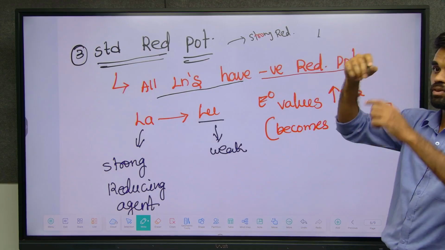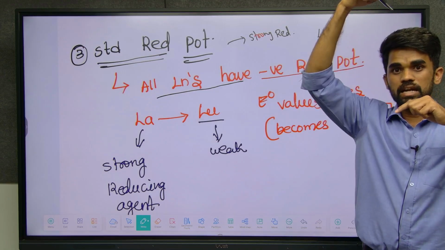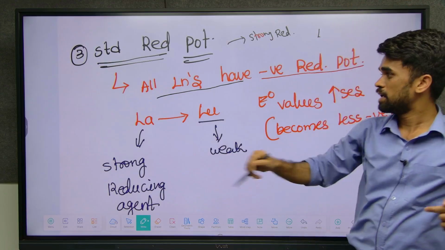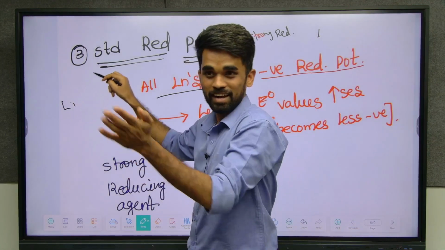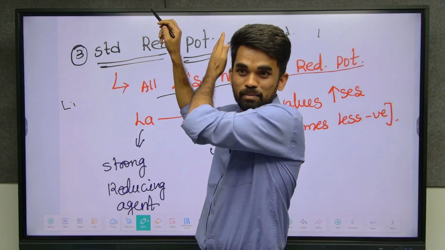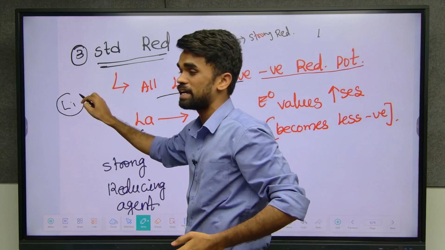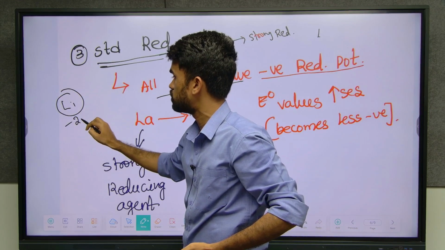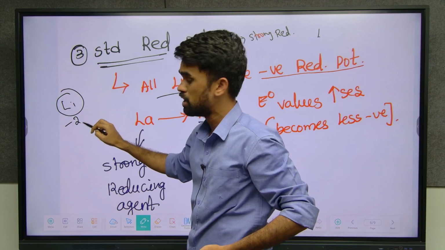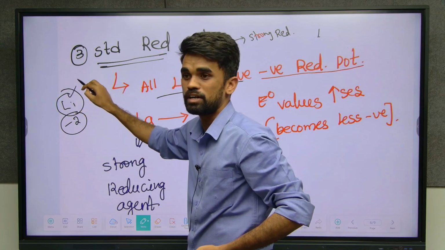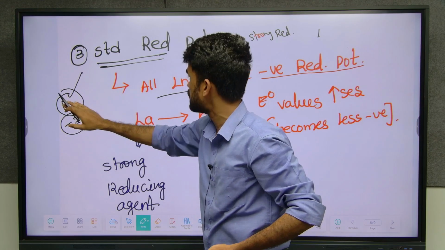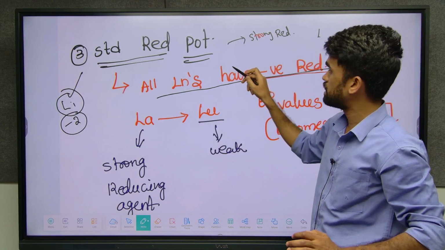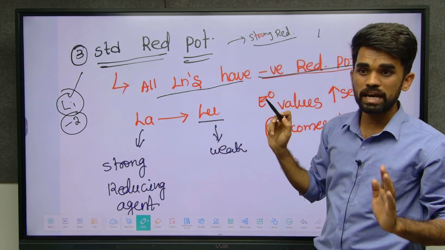For example, if you take the electrochemical series, like what we have studied, one big line, do you remember? Which is the starting element there? Lithium. It will have something like minus 2.7. More negative means it's a strong reducing agent. Like that, all lanthanides have negative reduction potential, so I can say they can act as good reducing agents also.